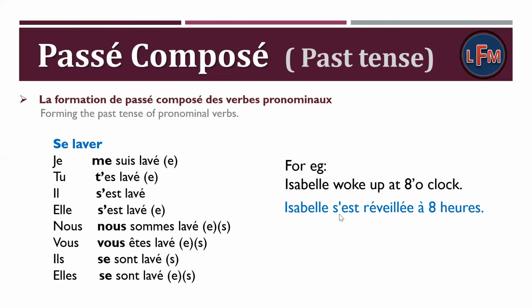So Isabel, as it is starting with a vowel, we take s apostrophe: Isabel s'est réveillée. We take the participe passé of réveiller, which is réveillé, and we add an extra e as Isabel is feminine. So Isabel s'est réveillée.